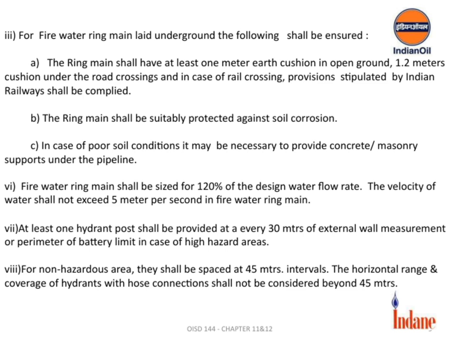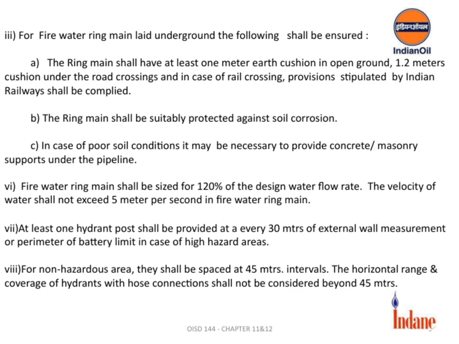This spacing ensures quick access to water in case of a fire emergency. For non-hazardous areas, the spacing is a bit more relaxed, with hydrants spaced at 45 meter intervals. Importantly, when considering the horizontal range and coverage of hydrants with hose connections, we do not factor in beyond 45 meters. This helps in planning effective firefighting operations.